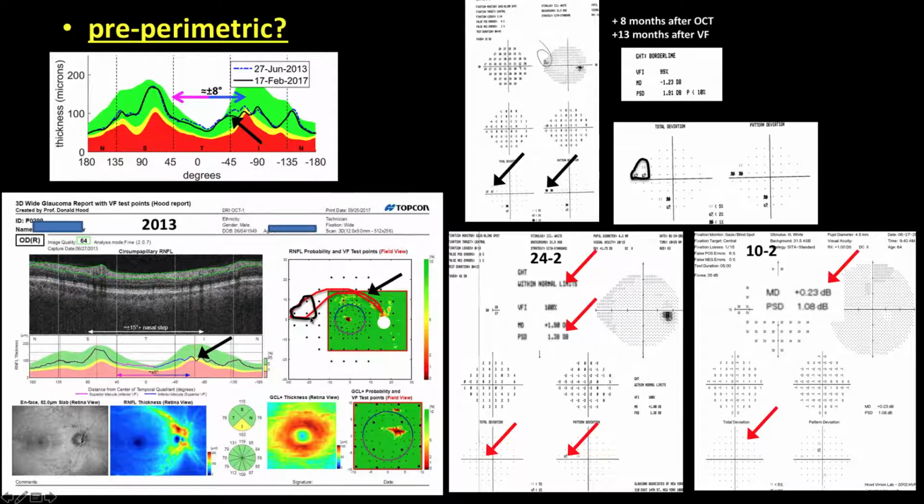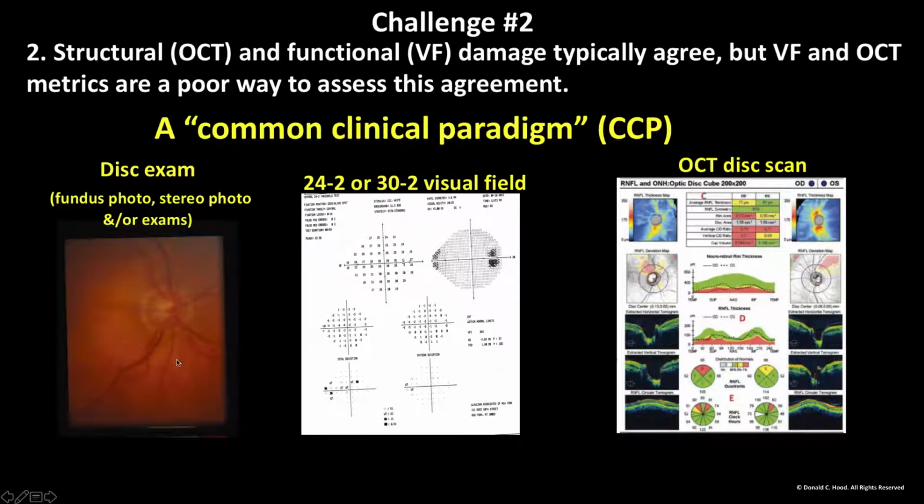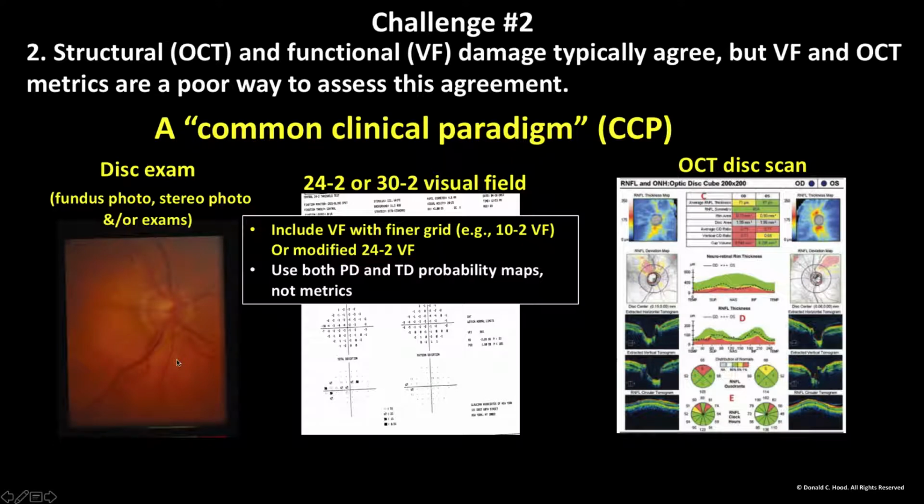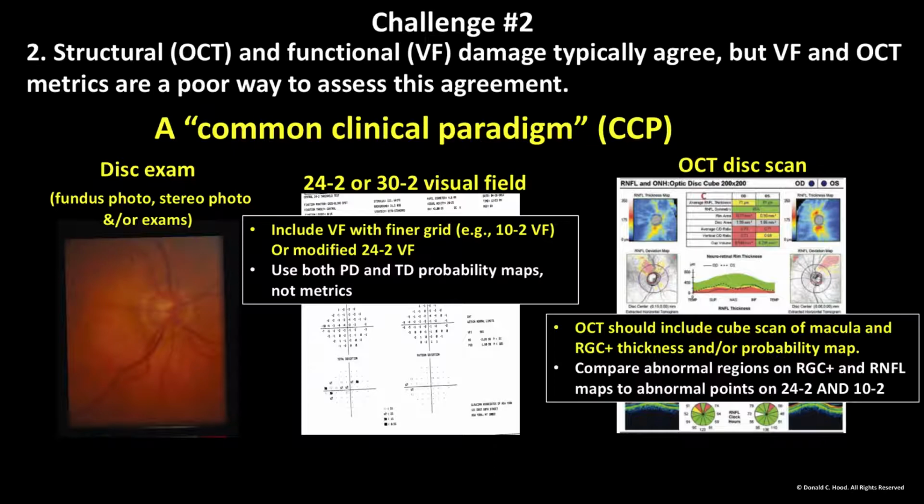So although you have just discovered an early nasal step, in fact, what you were missing all along was progressive macular damage, because this is also abnormal in this region here. All right, so in terms of the implications for the common clinical paradigm, we're arguing you want to pay attention to both pattern deviation and total deviation probability maps, not the metrics.